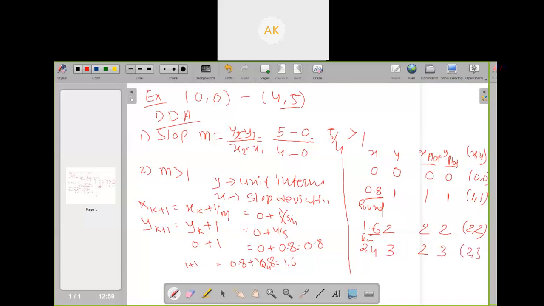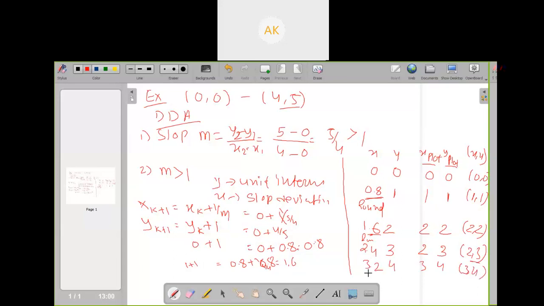Plot 2, 3 on the screen, then calculate the next point. This point is not greater than the end point, so continue this calculation. 2.4 plus 0.8, 3.2, apply the floor, 3, and y is 4, so 3, 4.